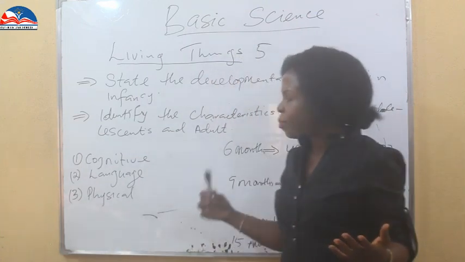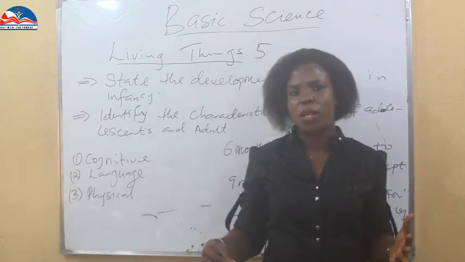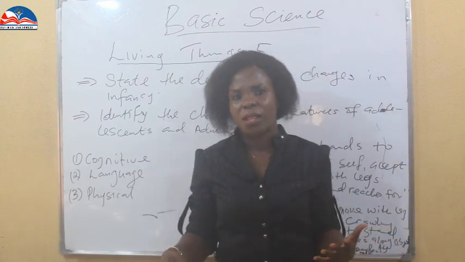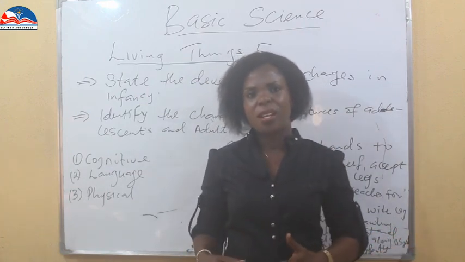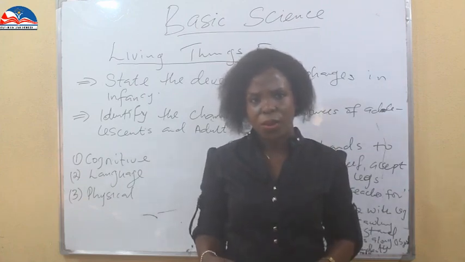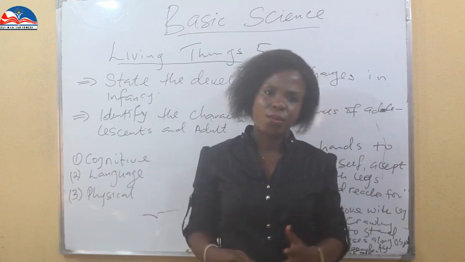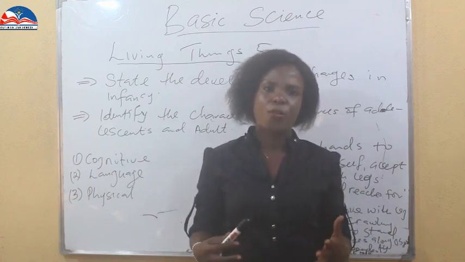And then, at adulthood, as they transit from adolescence to adulthood, they start mastering skills and careers. They start being focused. They start identifying what they actually want to pursue in life. They start being more objective and goal-oriented. They start looking for mentors.